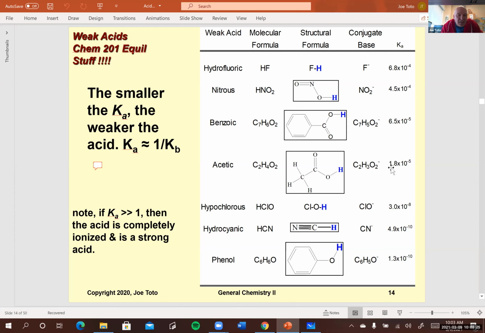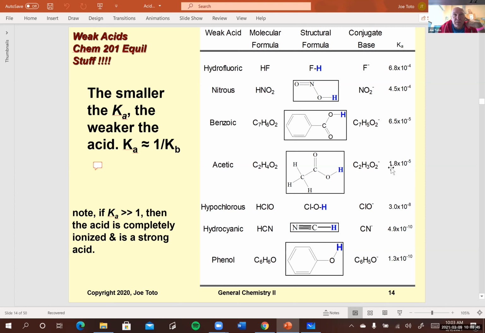Okay, good. All right, so we left off in our discussion last time just commenting on how weak acids could have different strengths. One weak acid could be stronger than the other, but they're both weak.